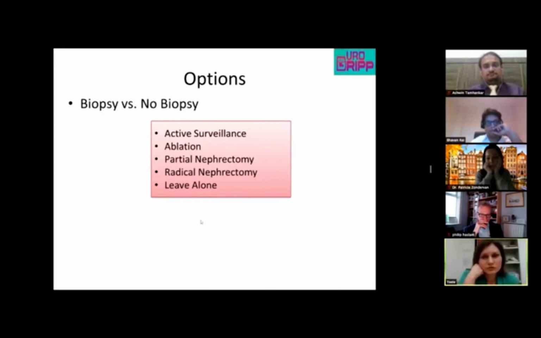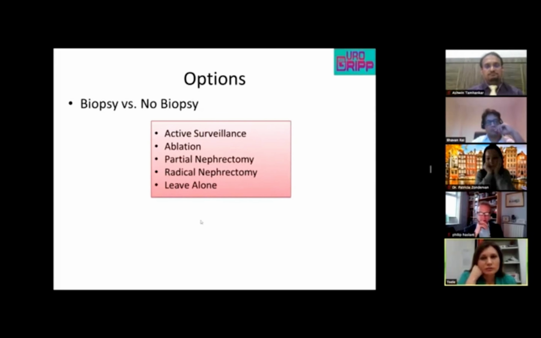Well, of course, all T1 options would be possible. However, I would discuss with the patient surgical trials which had shown partial nephrectomy having very good survival after tumor resections, and also kidney function preservation.